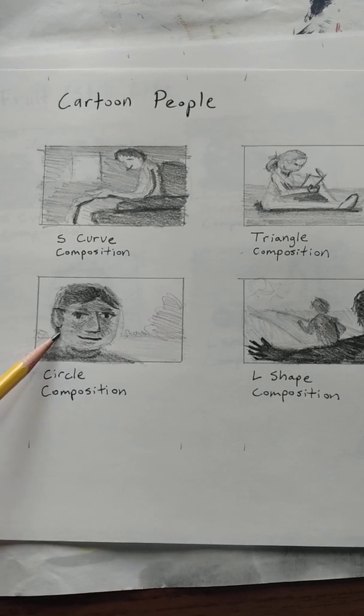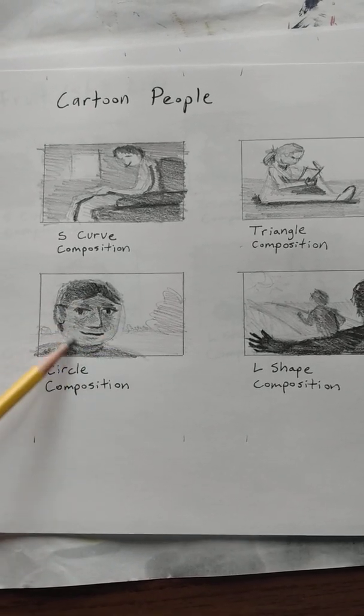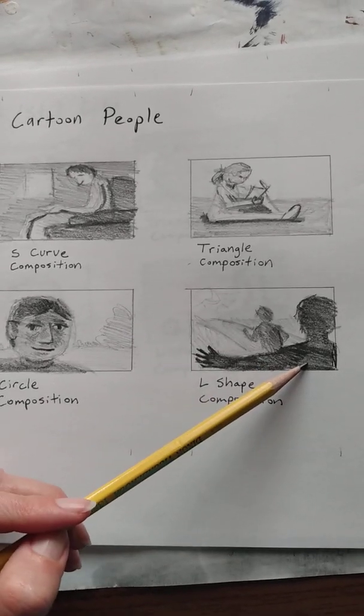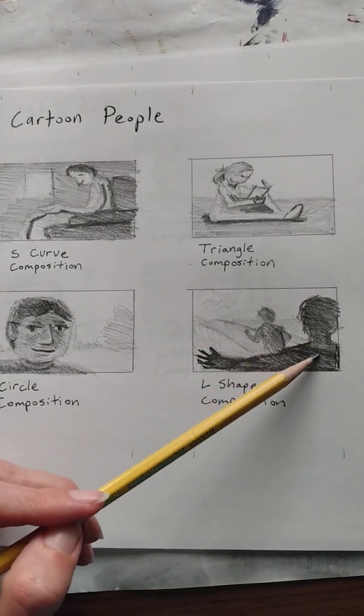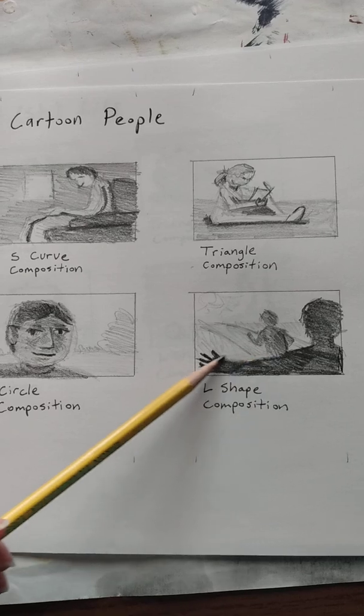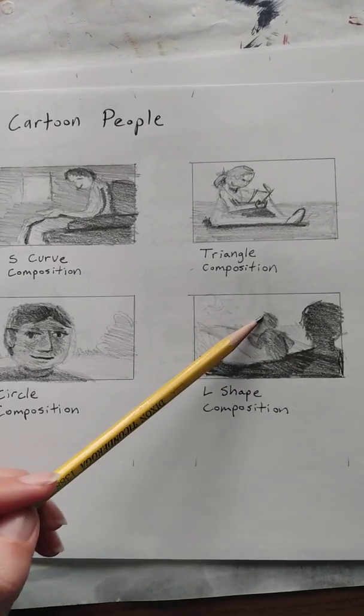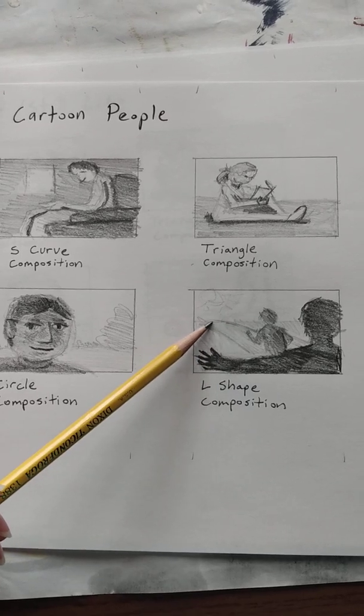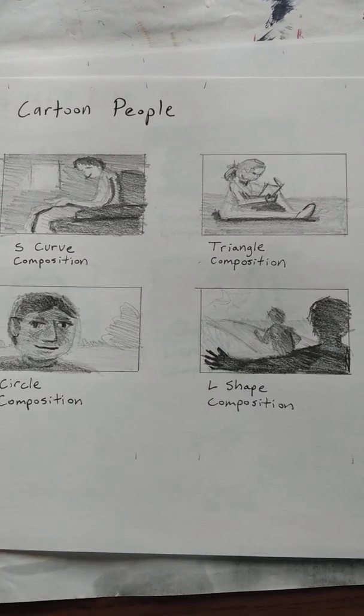Circle, I thought, oh, well, why don't we just do a head? And fill it in, put a little background in, and then L, here's the person's head, and then their arm is stretching out, and it kind of frames it in for us, and then we look towards this person who's running on the path going this way.